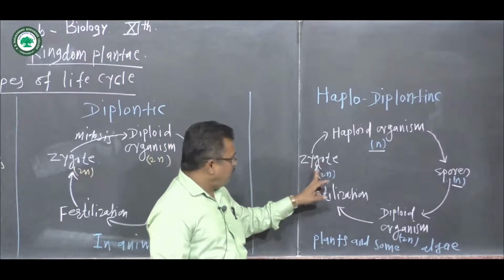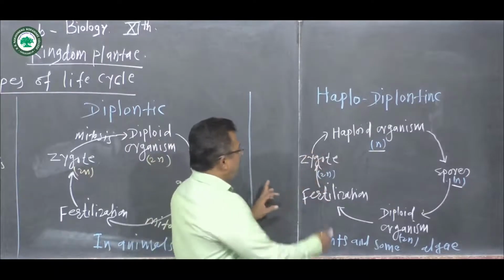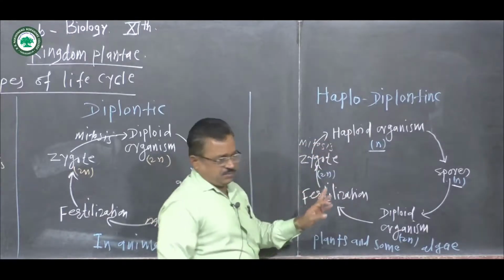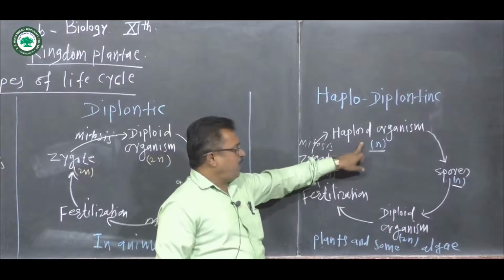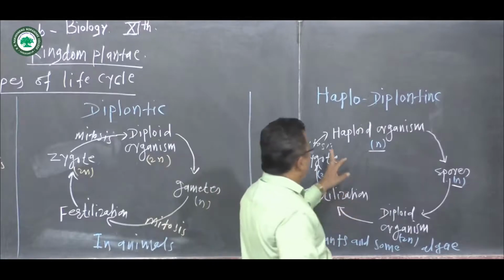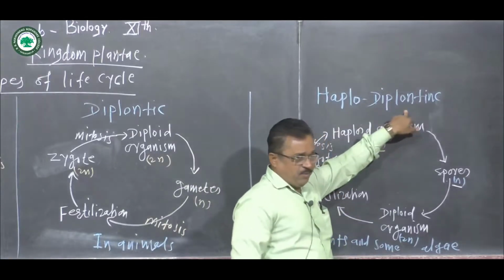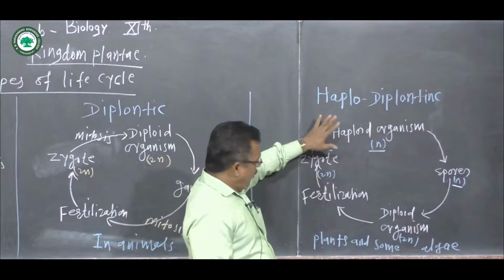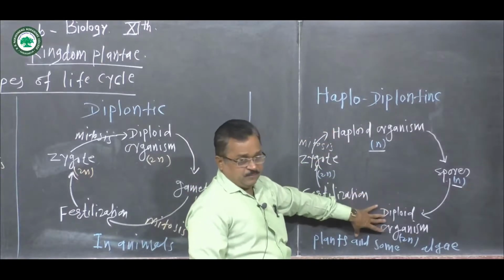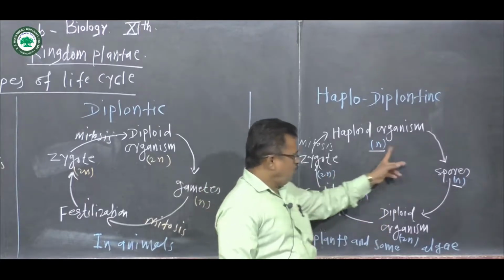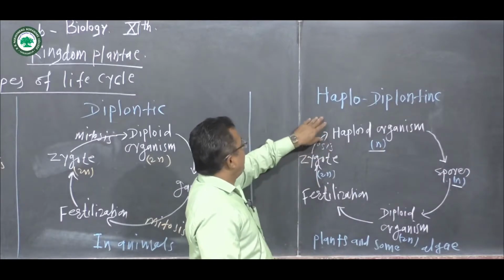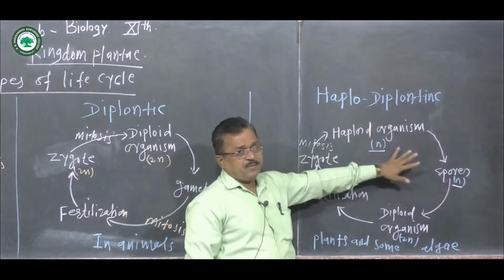And then in this diploid zygote, mitosis occurs, and the haploid organism is developed. Such type of life cycle is called haplodiplontic type of life cycle, because haploid phases and diploid phases are equal. 2 diploid phases, 2 haploid phases.